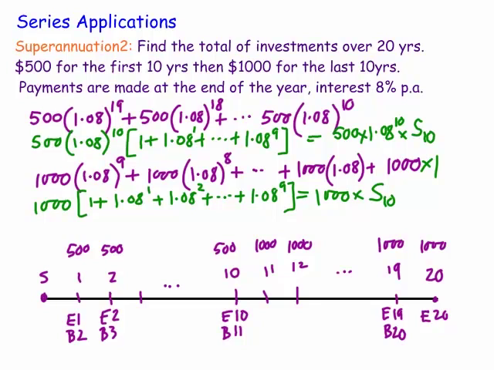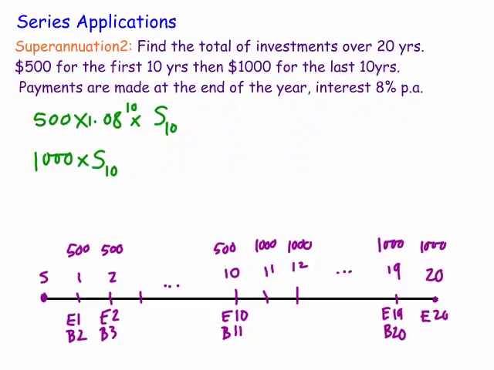We're going to have to work out each of these individually, so we use the sum to n terms formulas. We'll pause for a second while I put these formulas in.